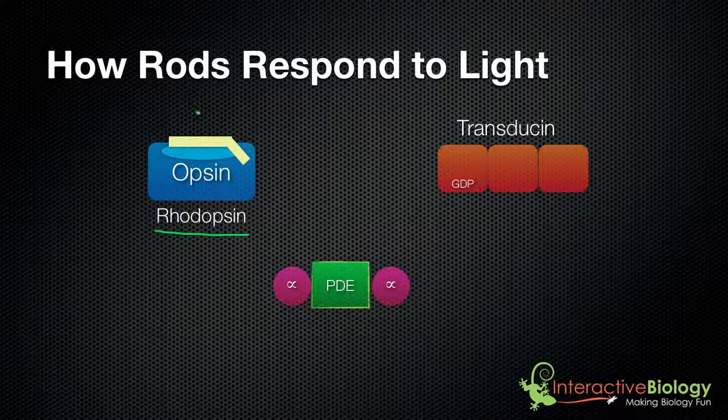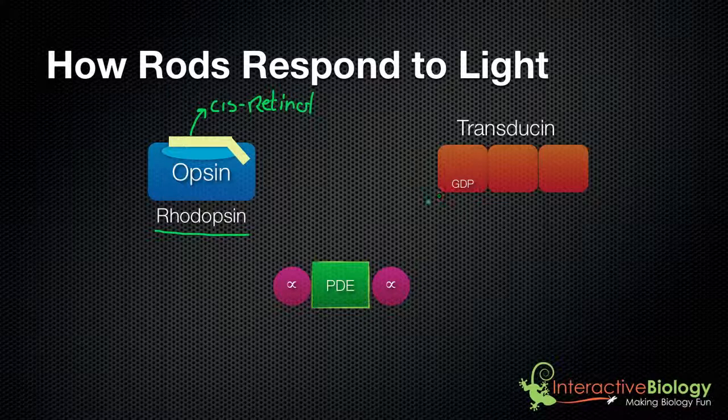And the specific form we have is the cis form, so it's called cis-retinol. Now, retinol is basically a slightly processed version of vitamin A. This explains part of the reason why vitamin A helps with vision. So here we have cis-retinol and opsin, and together that makes up rhodopsin.